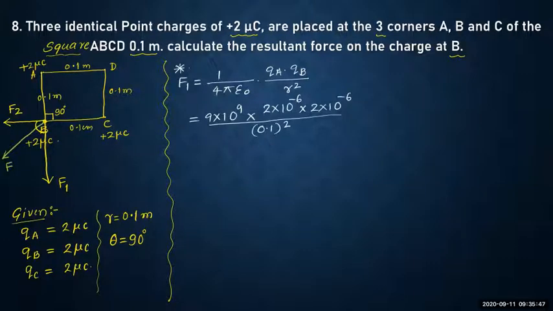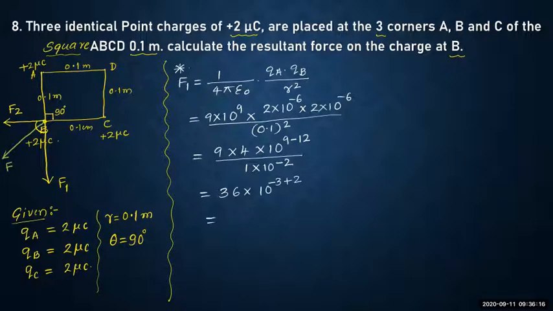So 9 into 2 into 2, which is 4, into 10 raised to 9 minus 12, because minus 6 minus 6 is minus 12. 0.1 square is 0.01, or you can write it as 1 into 10 raised to minus 2. Just multiply: 9 4s are 36 into 10 raised to minus 3 plus 2. Right? Or it is 36 into 10 raised to minus 1, or F1 is equal to 3.6 Newton.